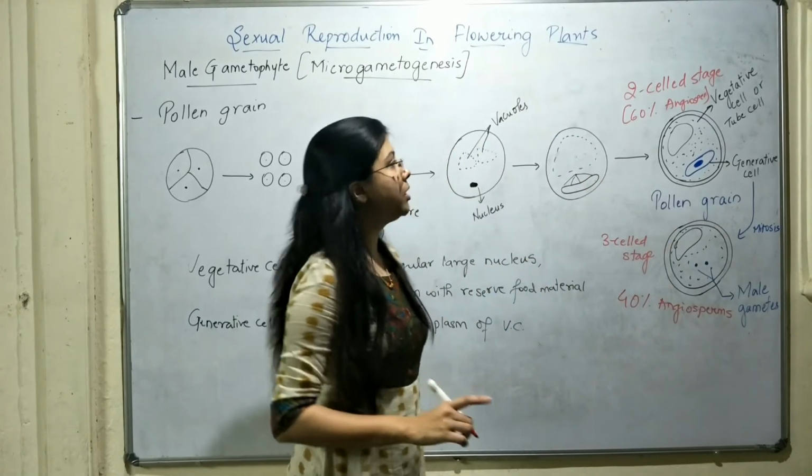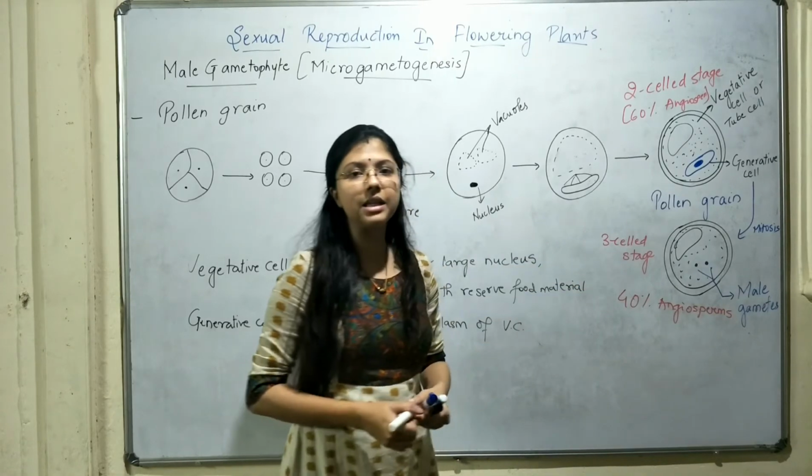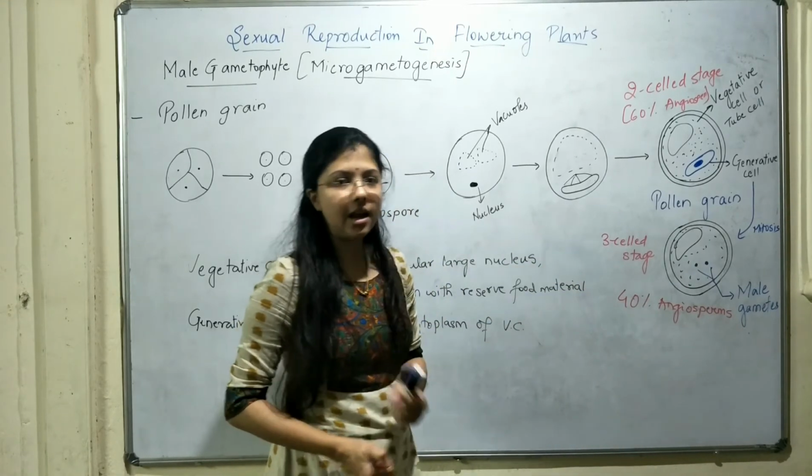Remember, 60% will release at the two-cell stage and 40% of angiosperms will release it at the three-cell stage.